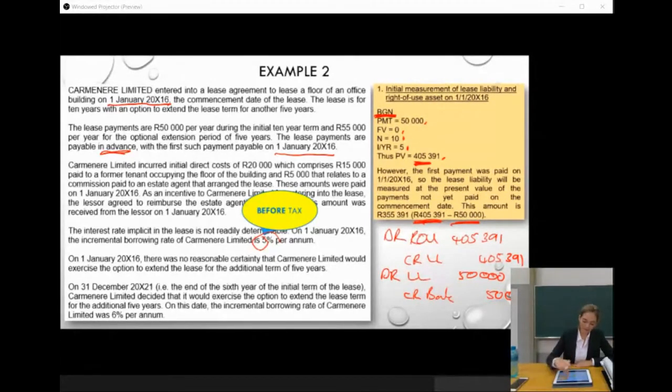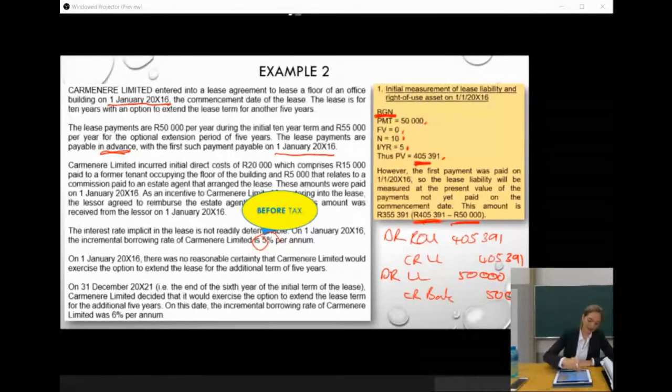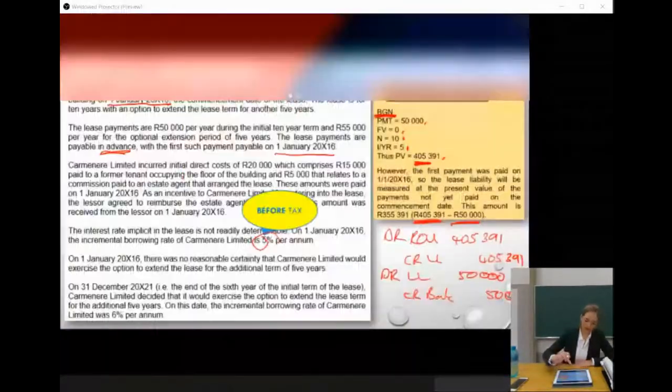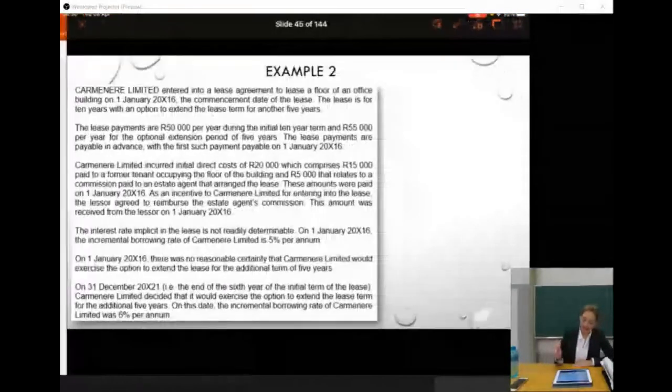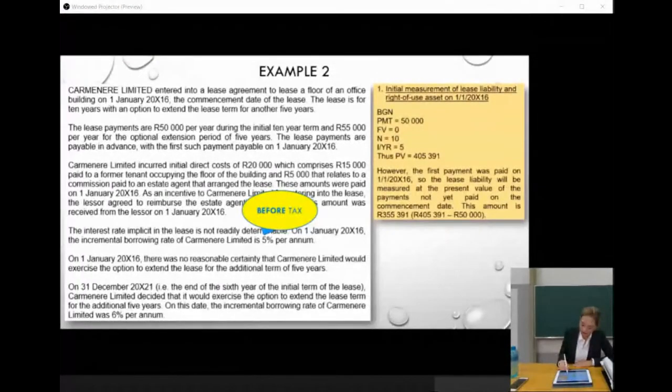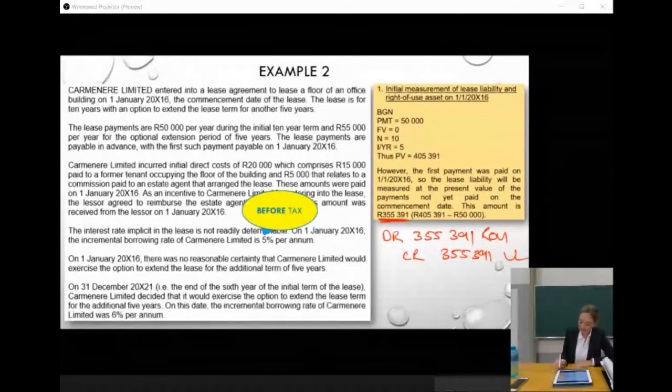Otherwise, we can also say debit the right of use asset with 355,391, which is the net amount, and credit the lease liability 355,391.